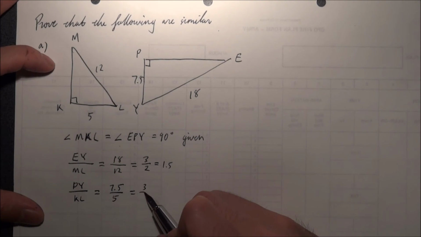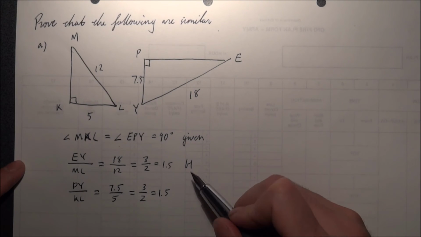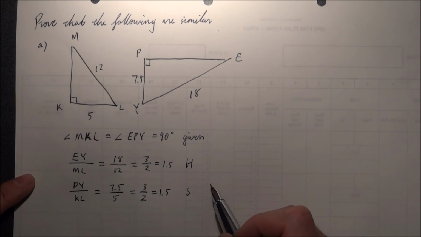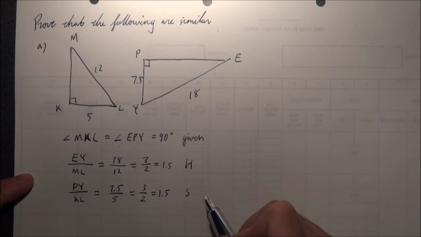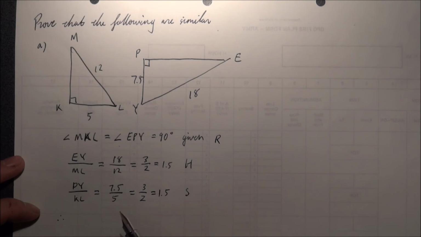Just like magic, it works out. Once again, 1.5. So now we have a hypotenuse and a side, so we can say RHS. 3 conditions are satisfied. So we write, therefore, triangle MKL is similar to triangle EPY.